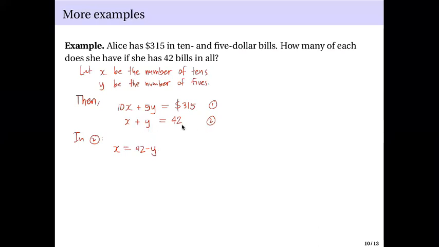So, let me write here. We are doing the substitution method. In here, using equation 2, you have x equals 42 minus y. Then we substitute in equation 1.